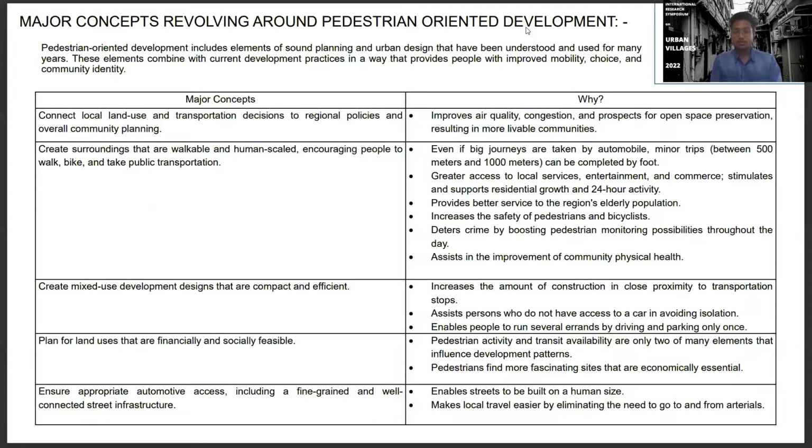The street infrastructure is well connected with everything around. Basically, pedestrian-oriented development includes elements of sound planning and urban design. It's an integration, and it is understood that these kinds of development practices are not very common in today's context, but it will improve mobility, choice of mobility, and the communities' identity as a whole.